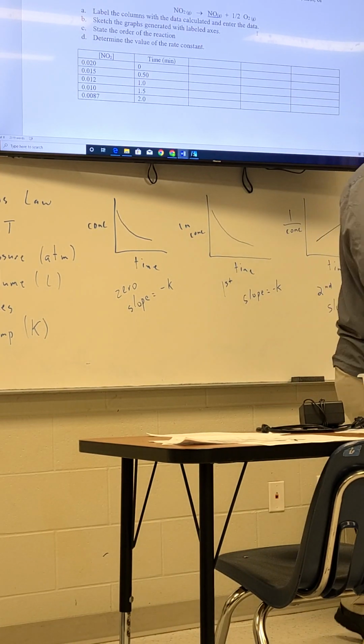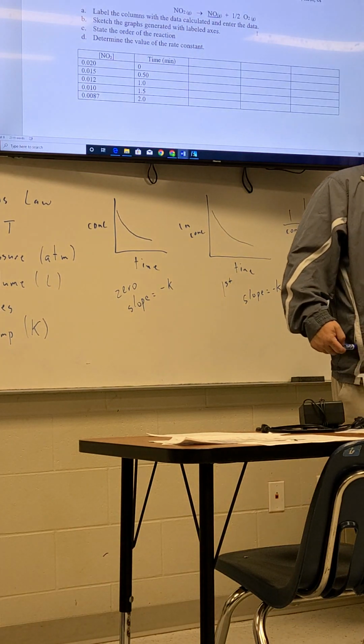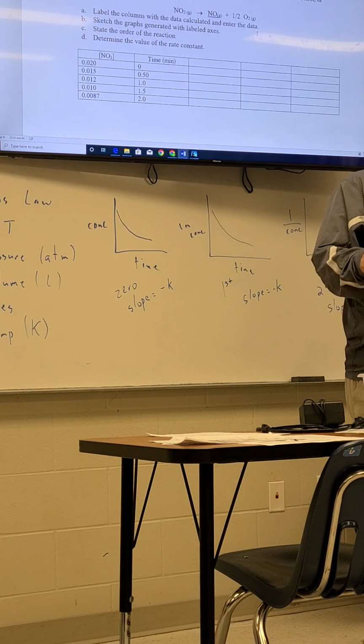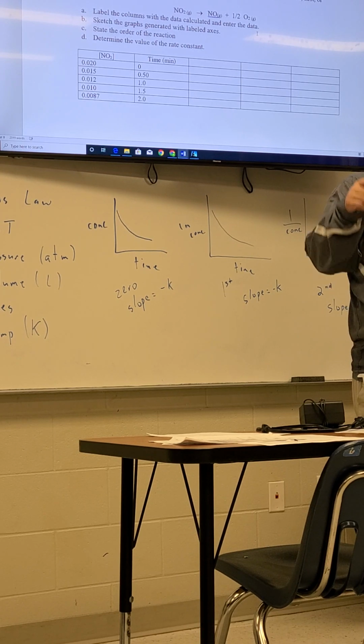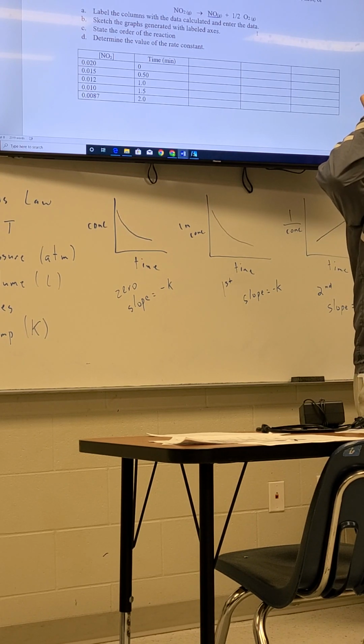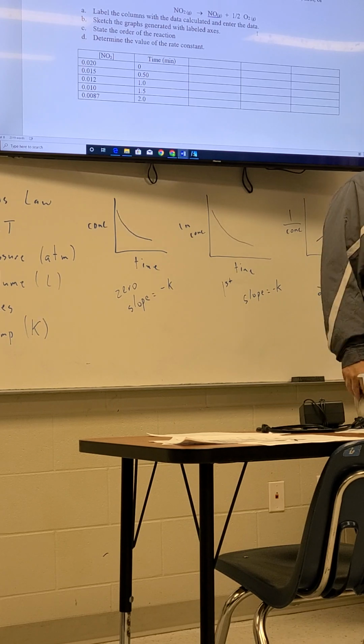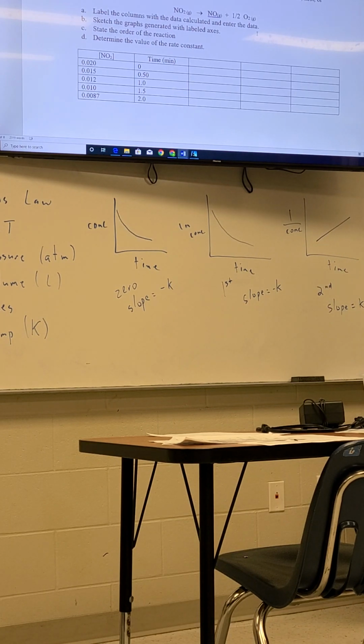So what did you get for the rate constant in seconds? For second order, 1850. So it's just the slope? Because I thought last time we had to put it into an equation and solve. Okay, so two different scenarios right there.